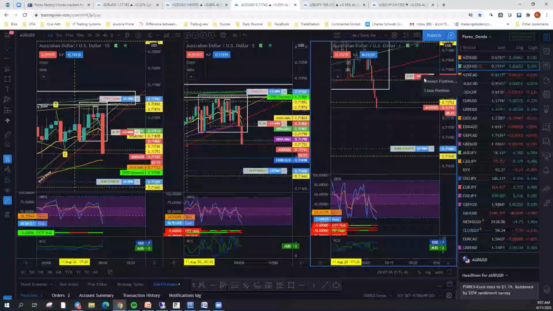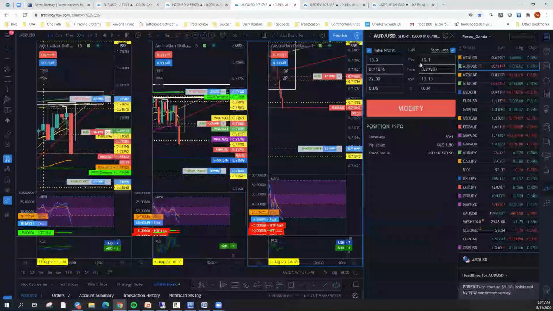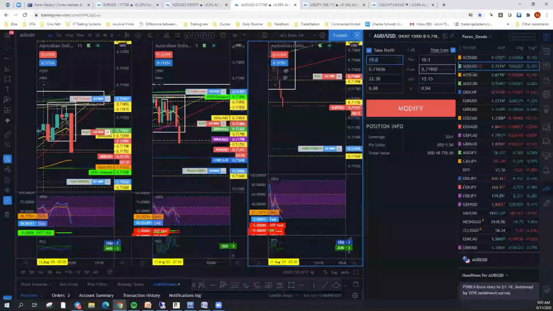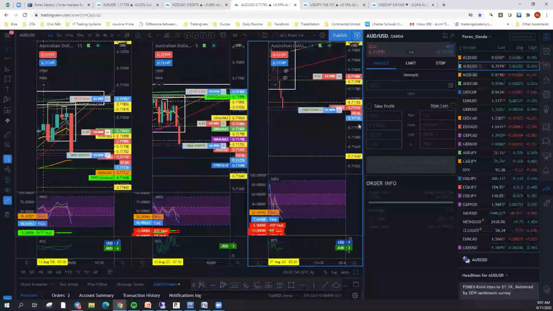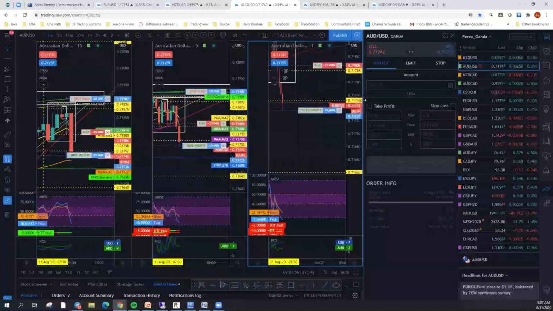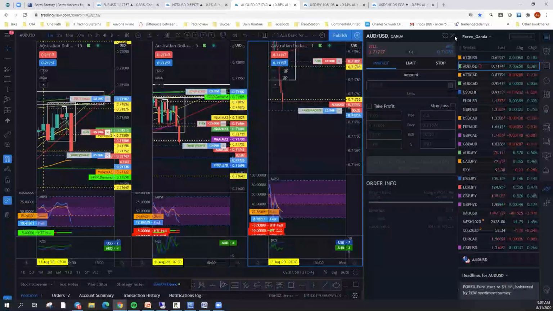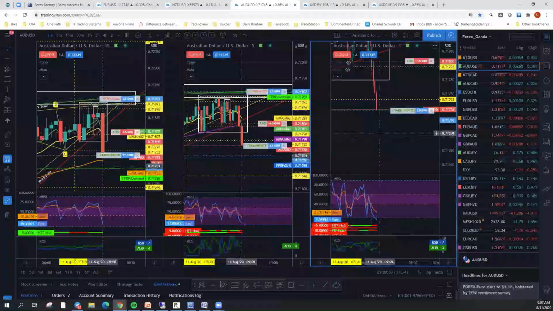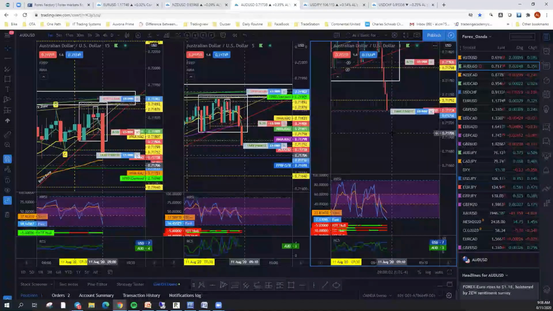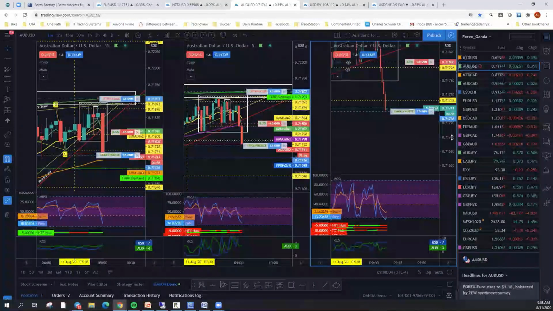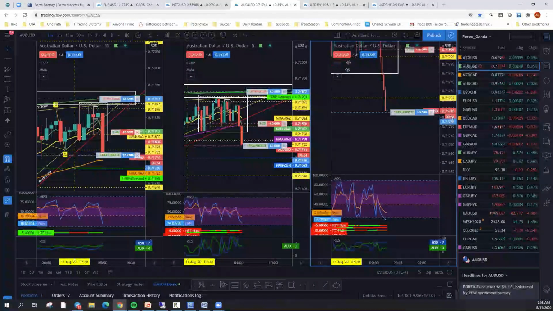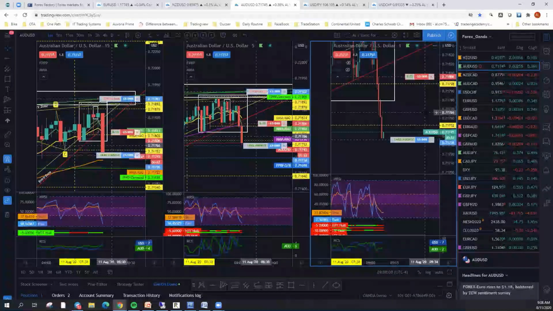Let's see where our 7 pips are on this. We're going to make this 7 pips here. It's almost there. Let's see if we can take the profit on this one.